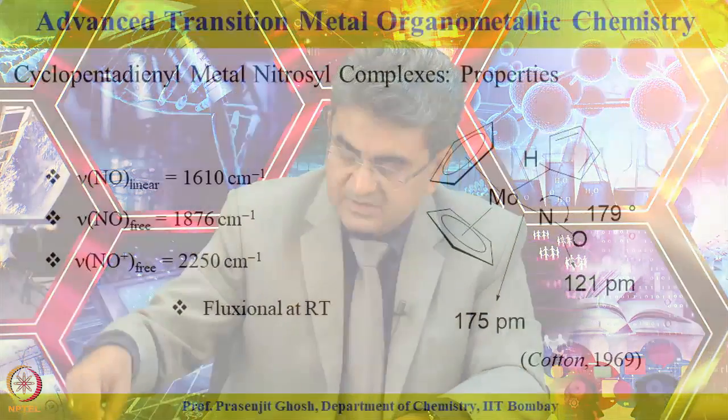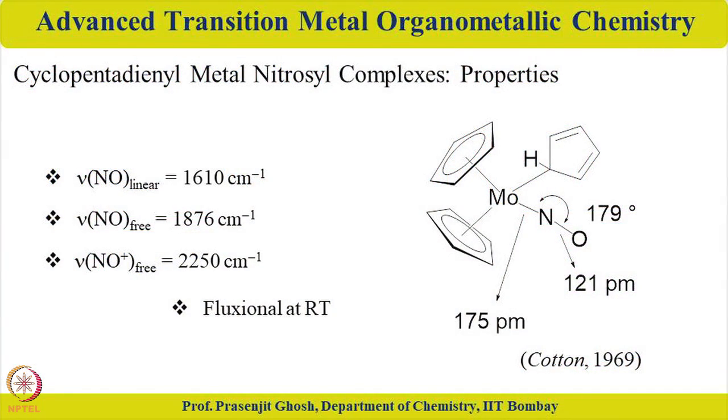Now, we are going to take up another example containing 2 cyclopentadienyl ligands, one bound to molybdenum in an eta 5 fashion and one eta 1 bound cyclopentadienyl ligand bound to molybdenum, and the fourth ligand being a NO ligand bound in a linear fashion.